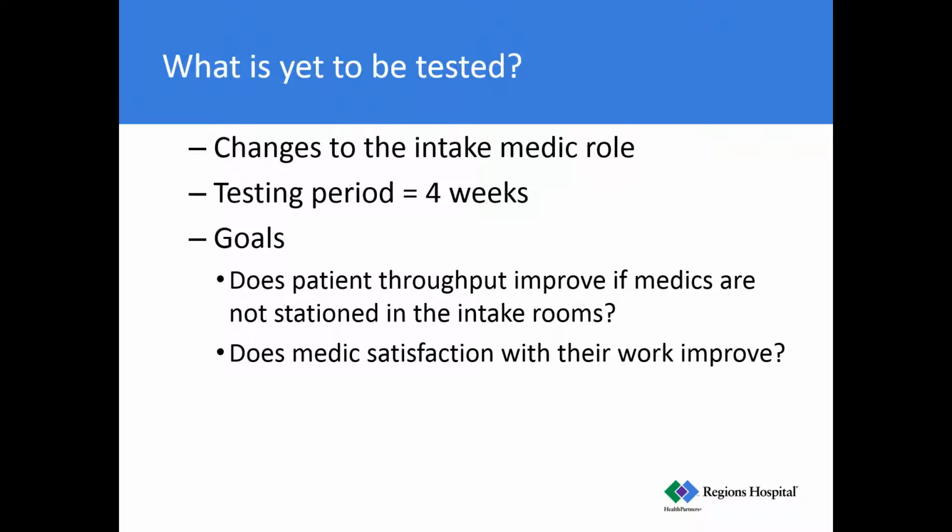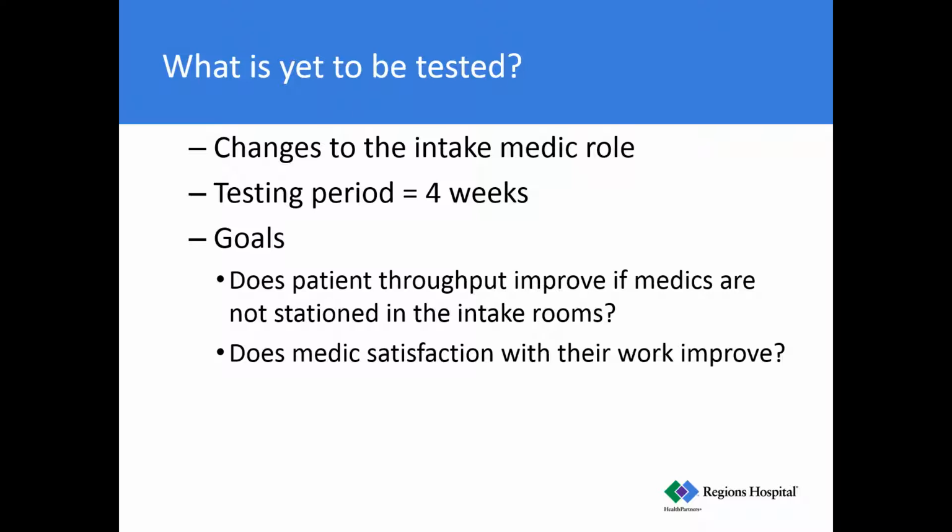So what are we going to be testing into the future? There was a lot of feedback about opportunities to improve the utility of our paramedic team that right now are working in that intake role within the room. So starting September 19th, which is a Wednesday, we're going to be testing some changes to the way that the intake medic group is going to be used, and the primary goal of that work is to determine whether we can improve patient throughput if we don't station medics in the room but assign them to specific tasks that may be outside of the room.